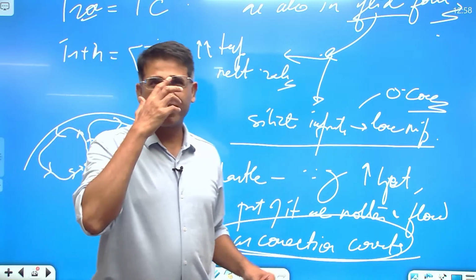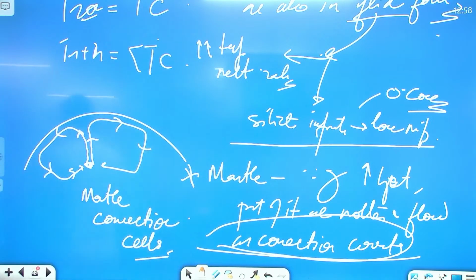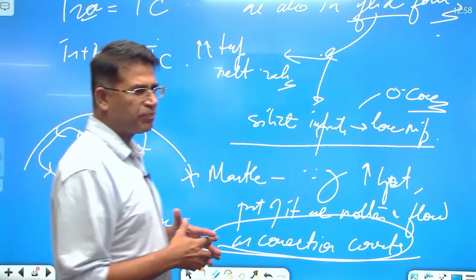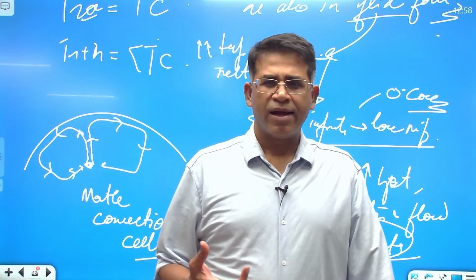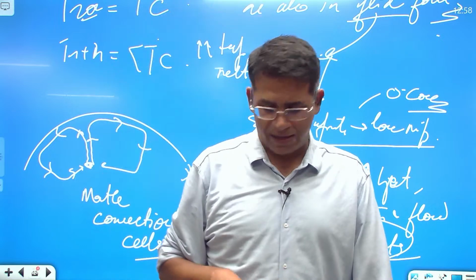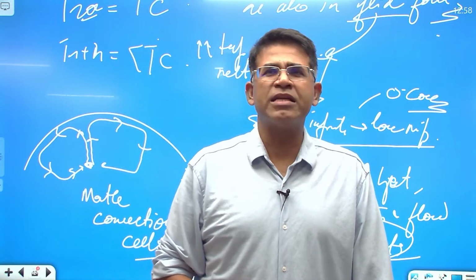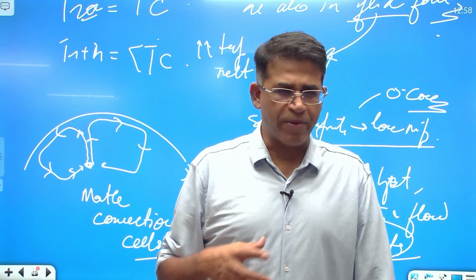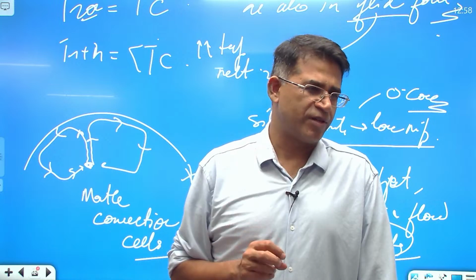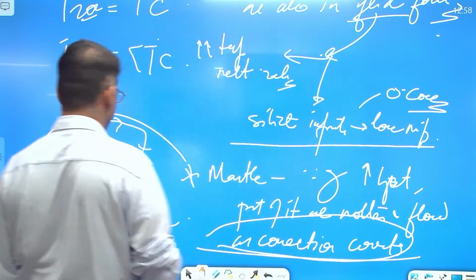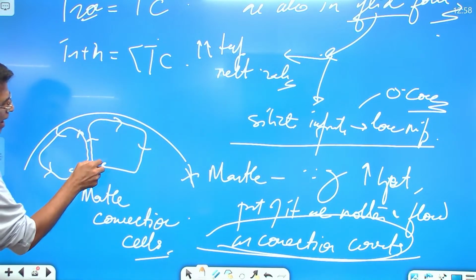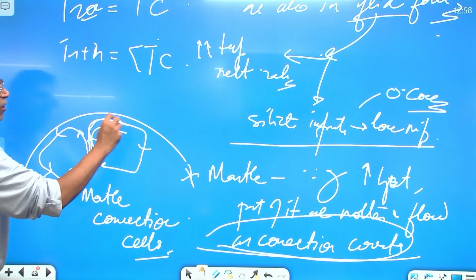And at a point here, the convection currents are very powerful, capable of influencing how the crust above the mantle behaves and moves. ठीक है, ये जो band of molten rocks are moving, it's a very powerful system.